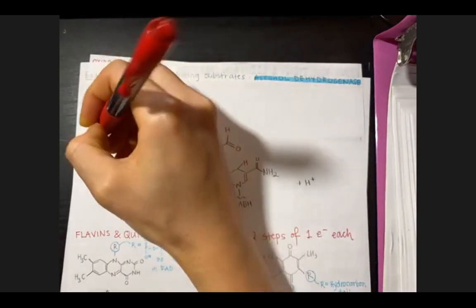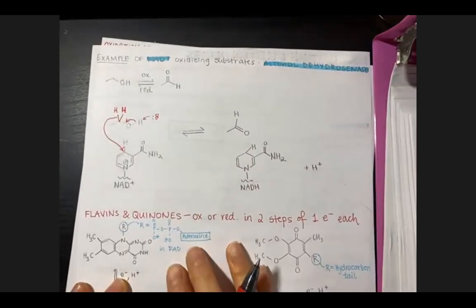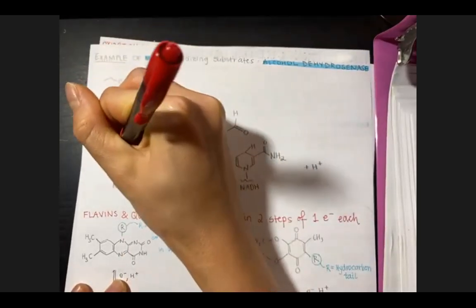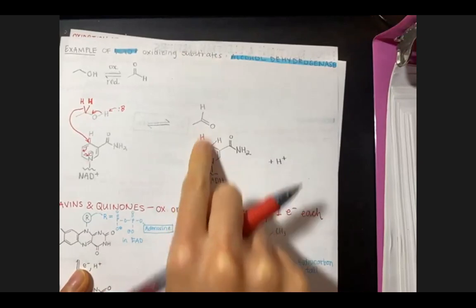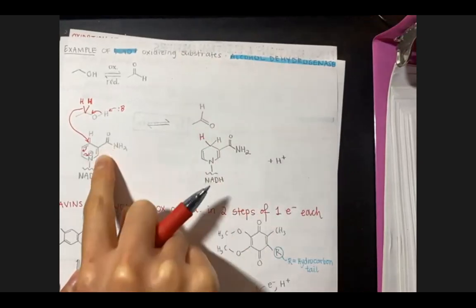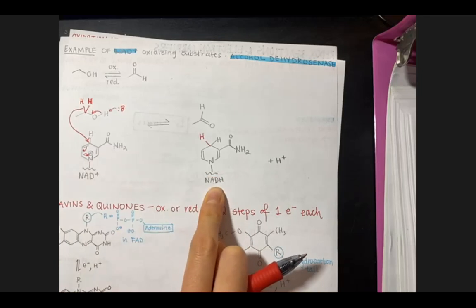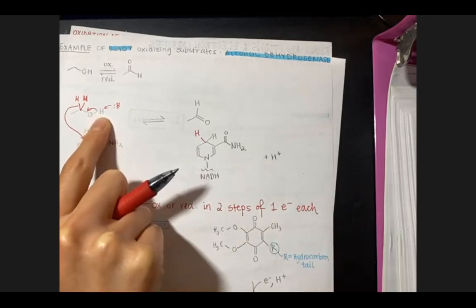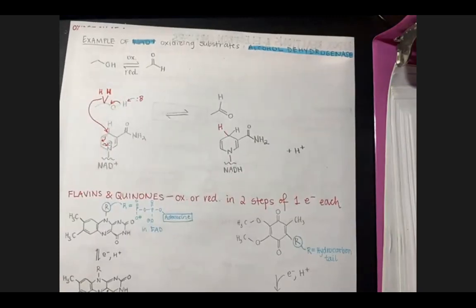And so the hydride goes on to the NAD plus, and then you wind up with an extra hydrogen over here and an aldehyde. So yeah, this is the redox active part of NADH. Also the extra proton from here, okay?